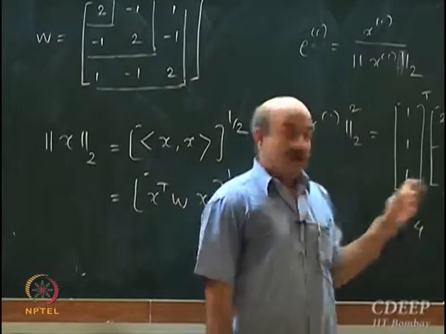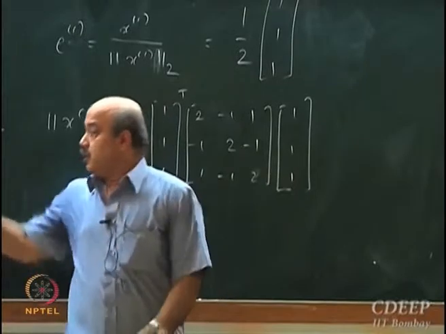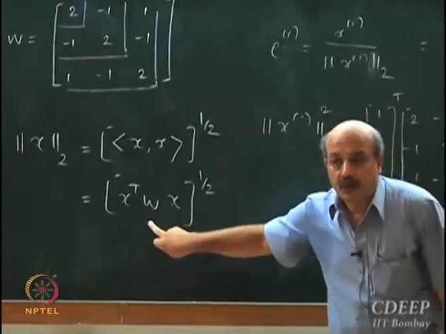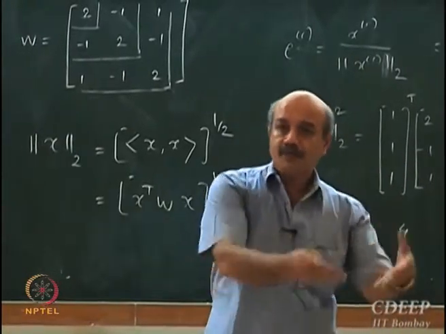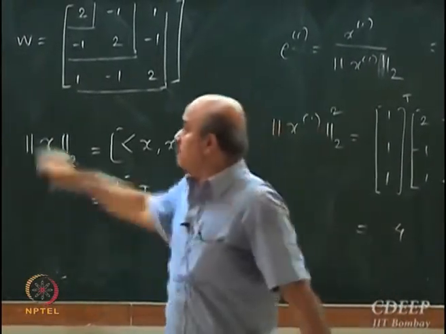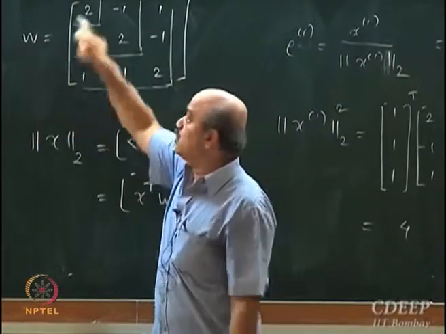So what I want to stress here is all further calculations will have to be done using this inner product. Don't forget this. Okay, so in the exam, if I give you a problem which has matrix W, see, earlier we had a special case, W was identity matrix.